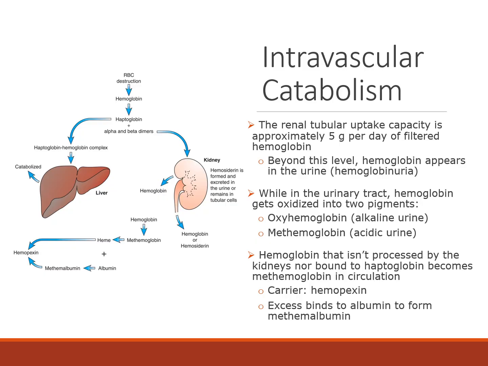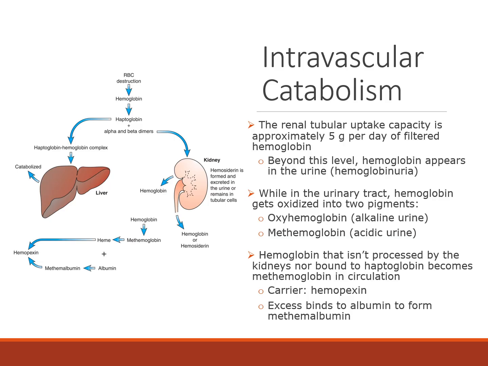So when we have intravascular red blood cell breakdown, we have free hemoglobin, which binds to free haptoglobin. We have alpha and beta dimers. So these alpha and beta dimers are filtered through the kidneys. And then the haptoglobin hemoglobin complex is sent to the liver. But in the case that we have an overabundance of free hemoglobin and not enough haptoglobin to bind and pick it up, we actually will then have spillover of hemoglobin into the urine, okay?